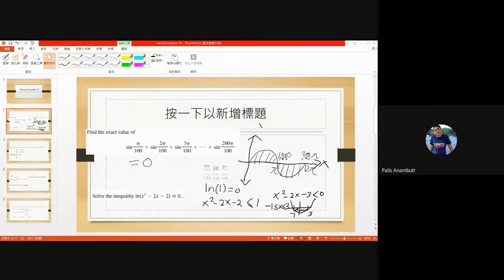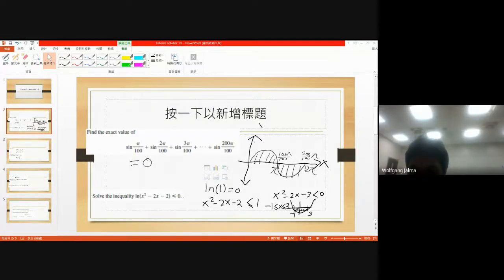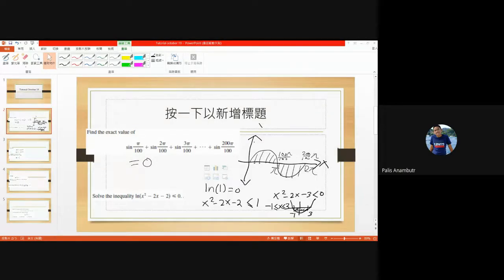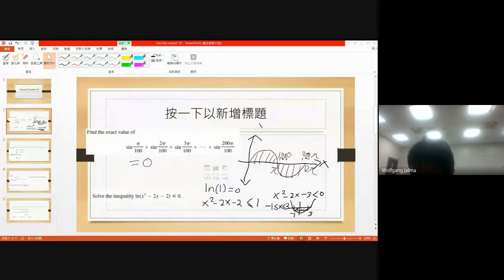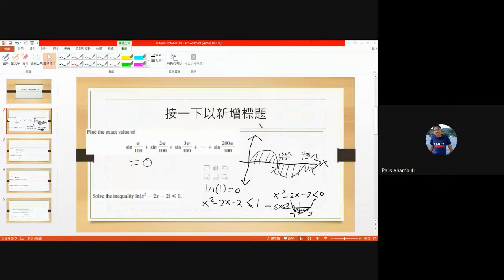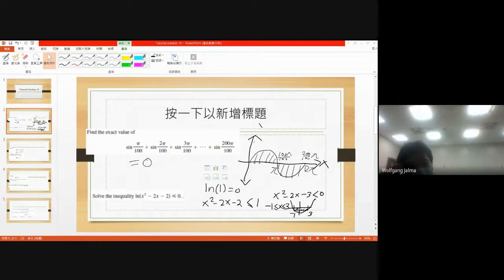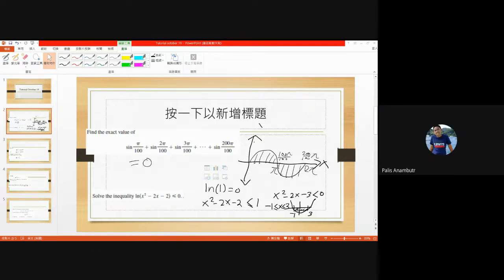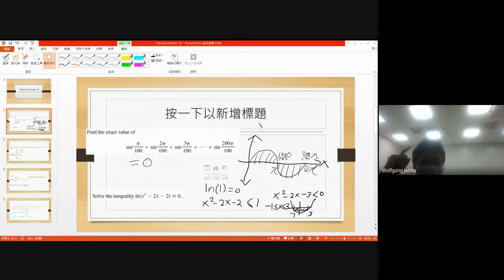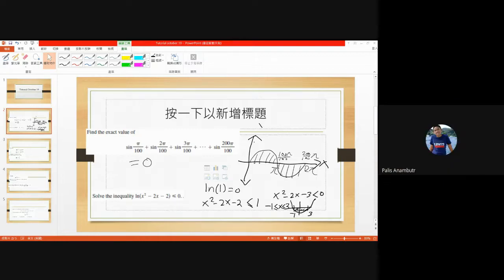Palis, can you repeat again? What I mean is that for the logarithm function, you cannot have zero in its domain, right? ln of zero is undefined. Oh, yes, I forgot.